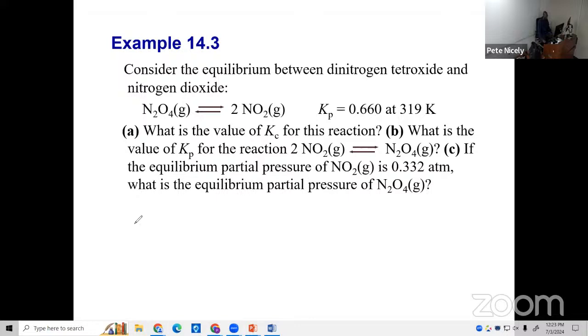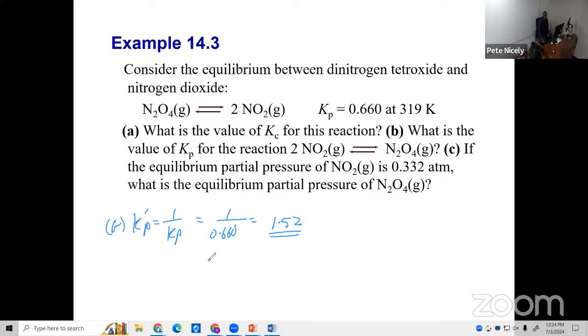In the case of B, I'm going to call it Kp prime, and that will be equal to 1 over the original Kp, which is 1 over 0.660. According to my calculation, that works out to be 1.52. Any questions?